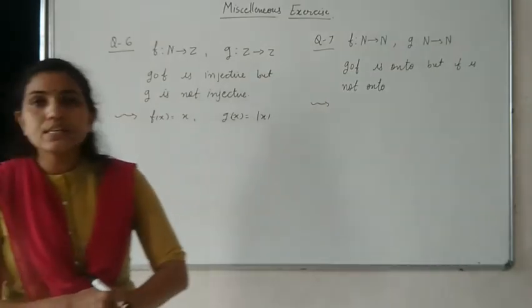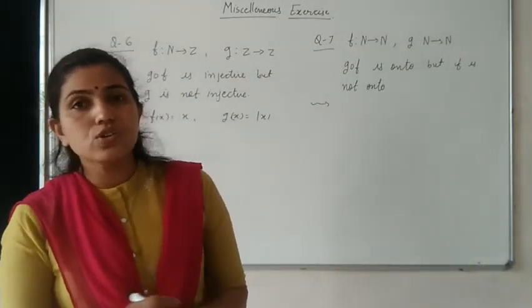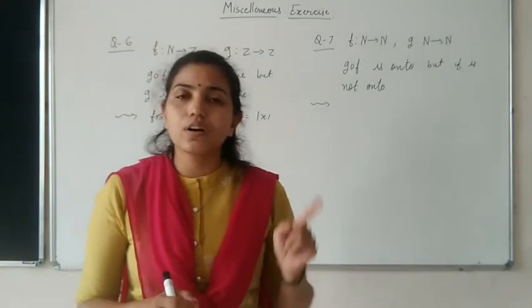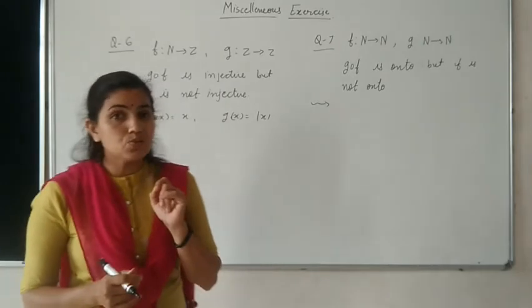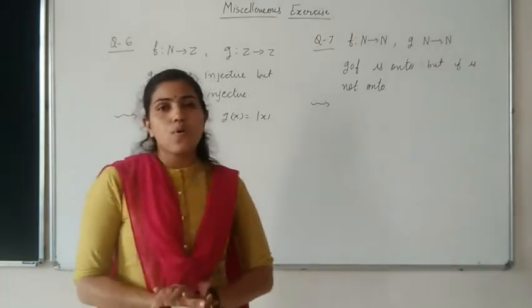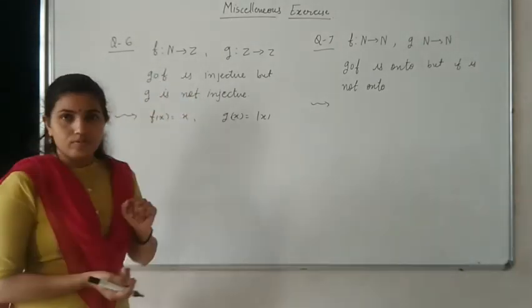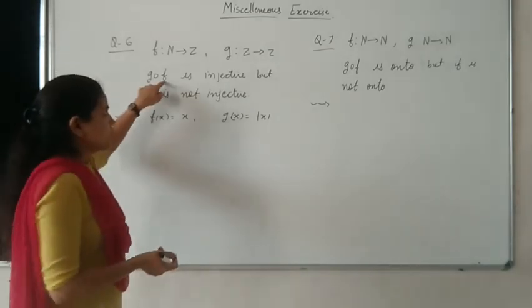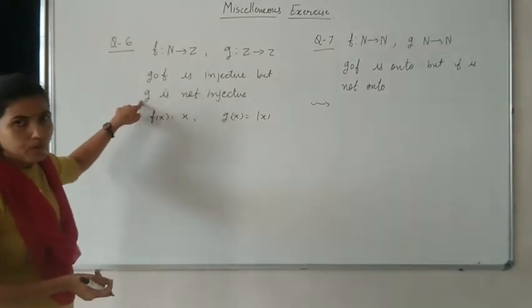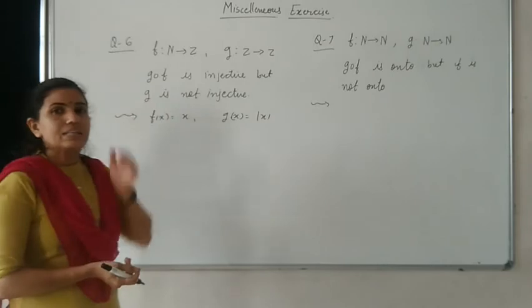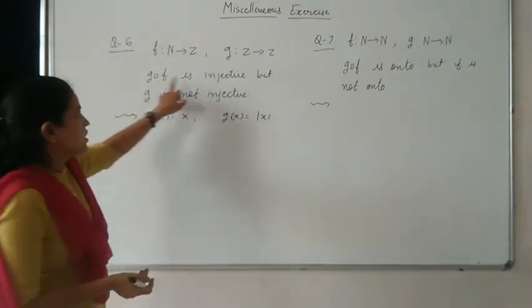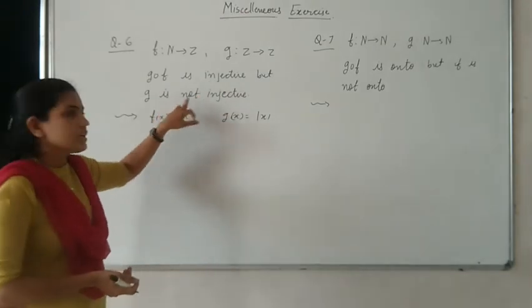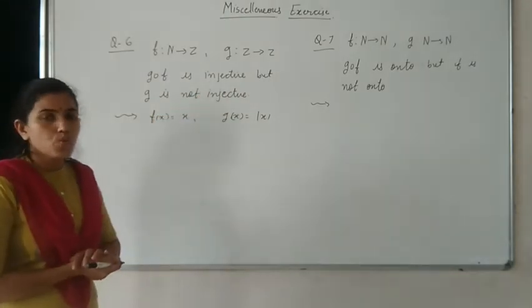Students, this is a question clarifying one remark that we have written in the notes: if g composition of f is 1-1, then it is not required that both be 1-1. f must be 1-1 but g cannot be. So here we are giving an example of functions where the composition is injective but g is not injective, that means not 1-1.